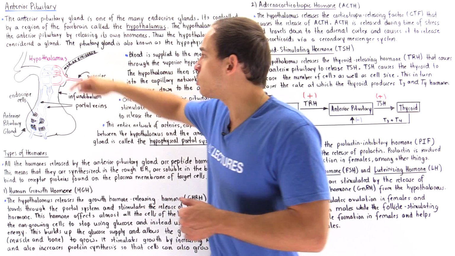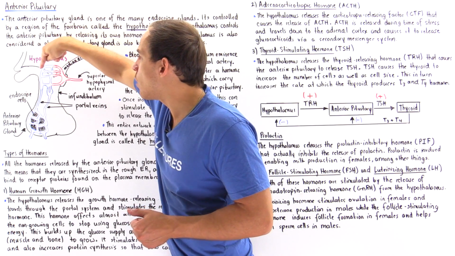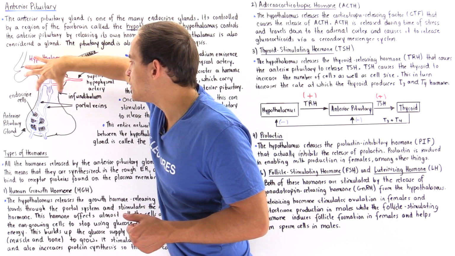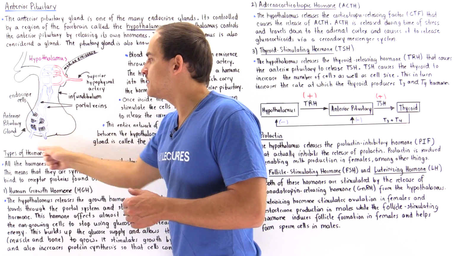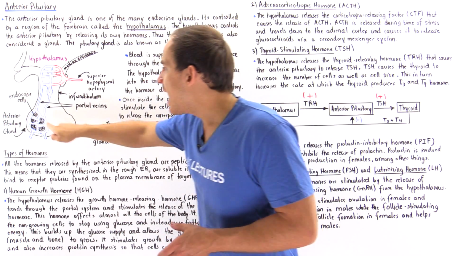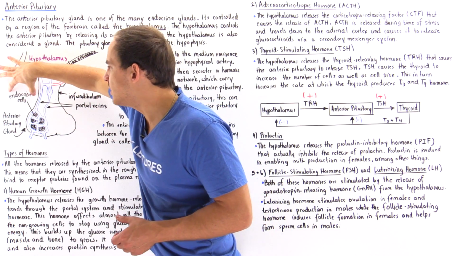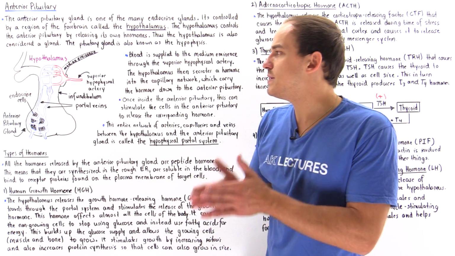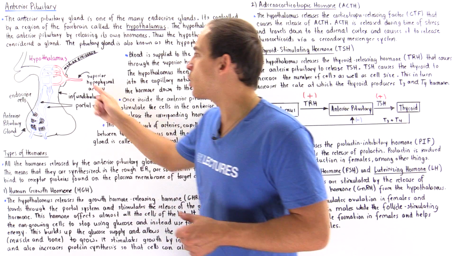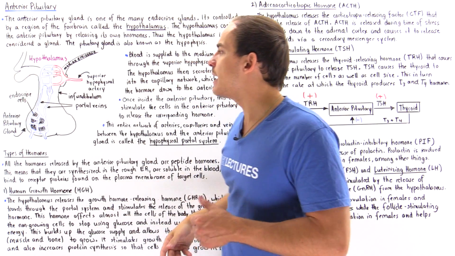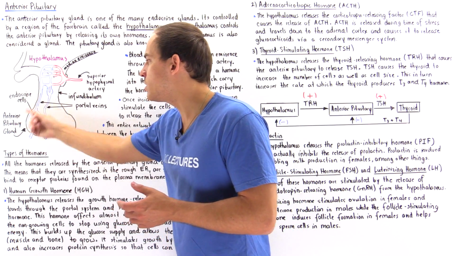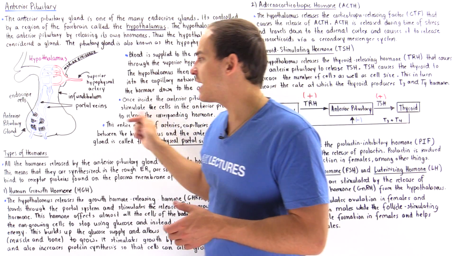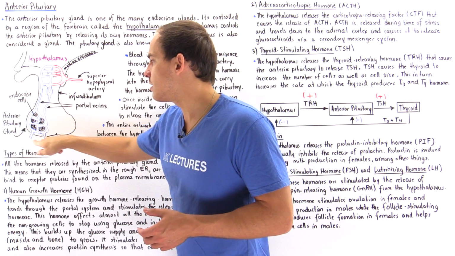And then the hormone travels down into the portal veins through this region and into the capillaries found in the anterior pituitary gland. And we have many of these endocrine glands that can either be stimulated or inhibited by the hormone released by the hypothalamus. And that can release some type of hormone from the anterior pituitary gland into the blood vessel, the bloodstream of our body.